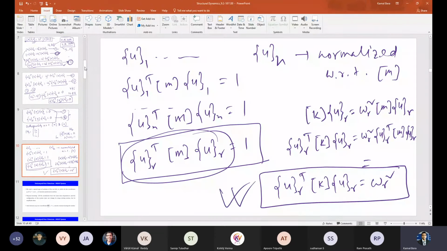Any doubt with this equation or this equation? Please ask me. Any issue?